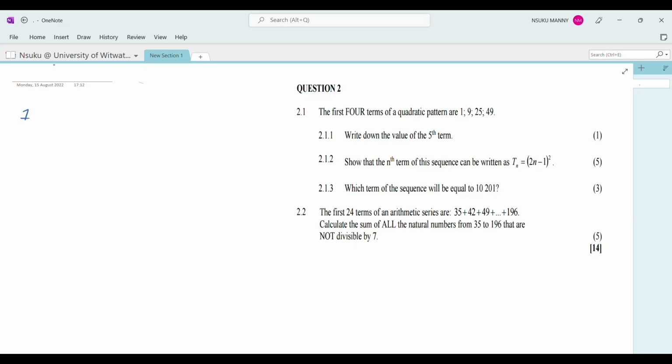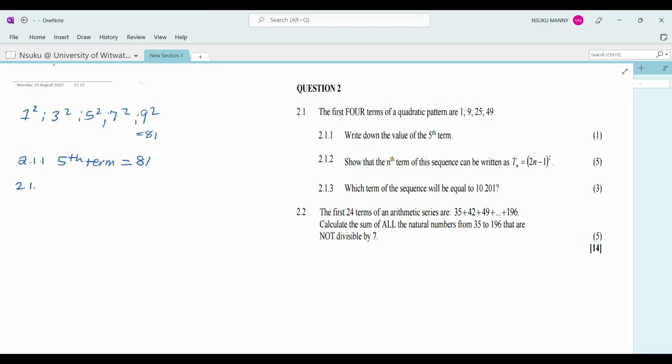So 1 squared, 3 squared, 5 squared, 7 squared, and obviously the next one will be 9 squared. And 9 squared, we know that that's 81, right? So the fifth term will be equal to 81.